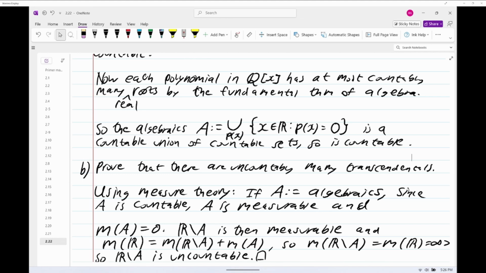R without A is then also measurable, and the measure of R should be equal to the measure of R without A plus the measure of A. So the measure of R without A should be equal to the measure of R, since the measure of A is 0, which is infinity. So R without A is uncountable, since countable sets have measure 0. So if a set doesn't have measure 0, then it's uncountable.